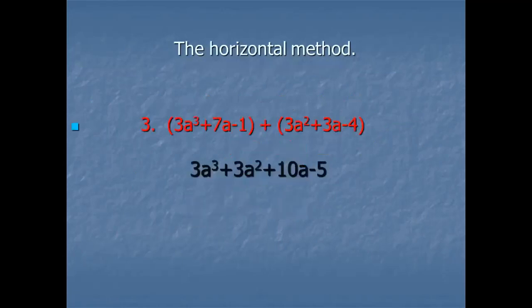The third, okay, Poon, what will be the answer? 3a cubed plus 7a minus 1 plus 3a squared plus 3a minus 4. Poon and Haruka, you solve.